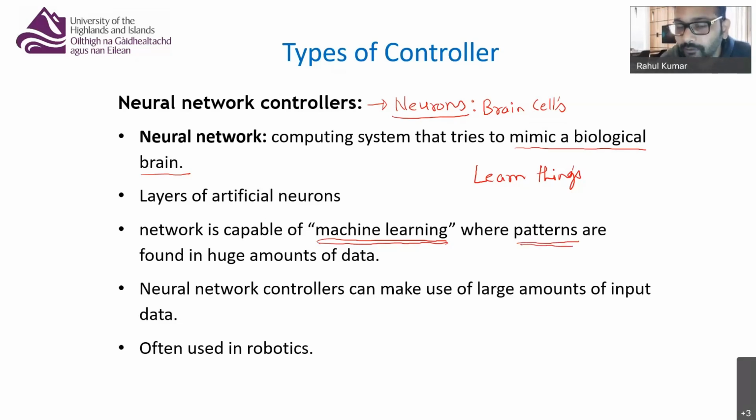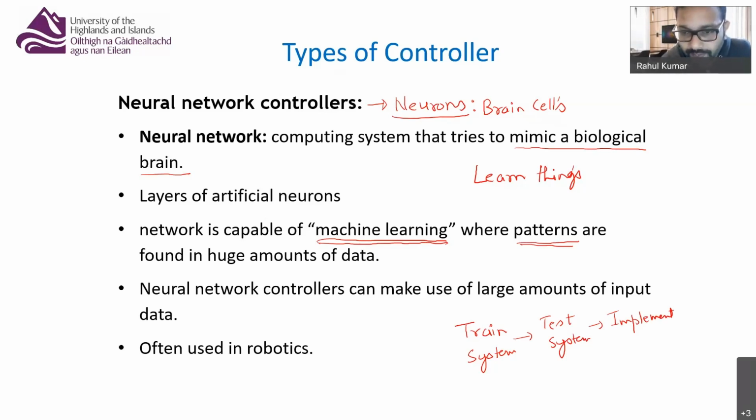Okay. Now for designing a neural network, first of all we have to train our system, right? And then we test the system, and then we finally implement or use it. Okay. So these are the three general steps which we follow for designing a neural network controller.